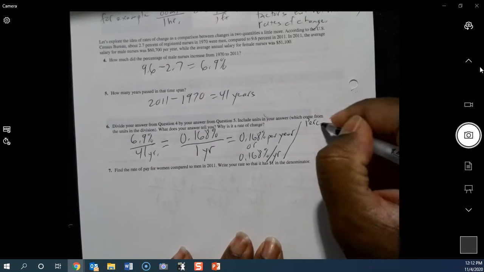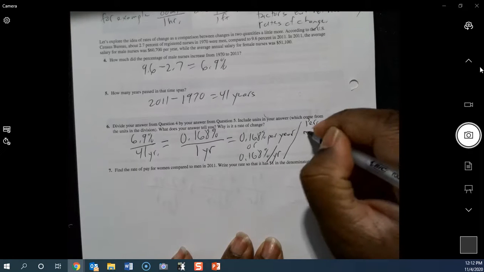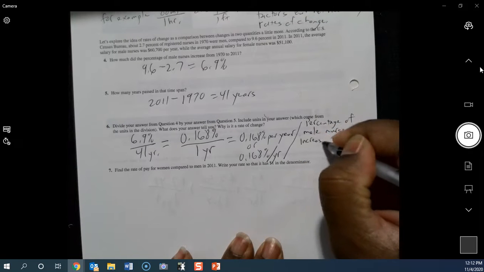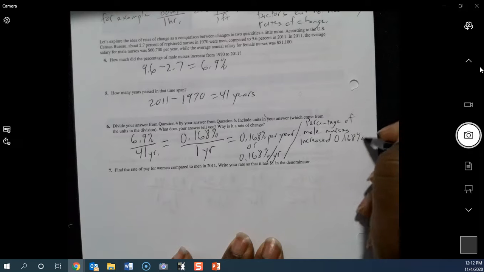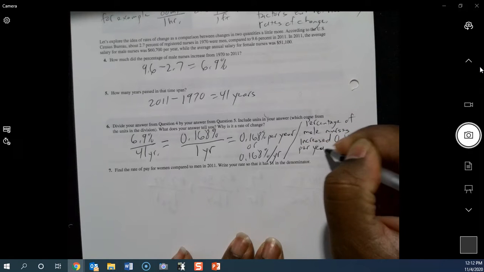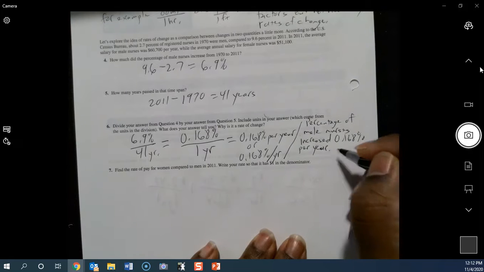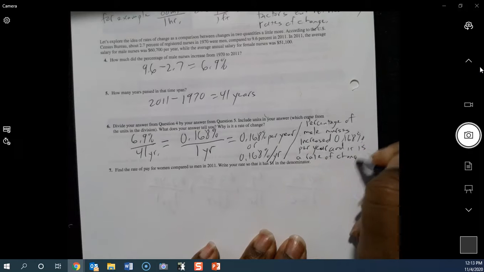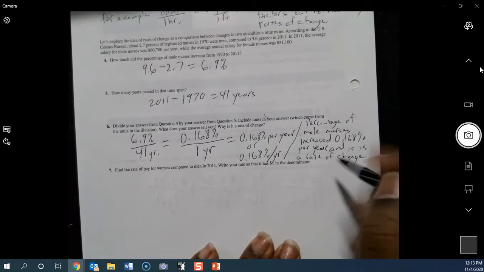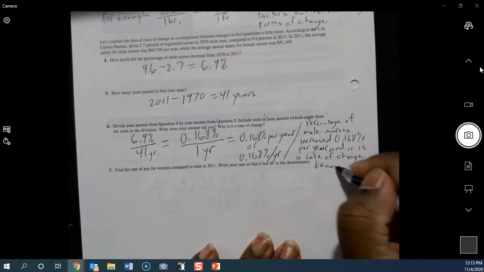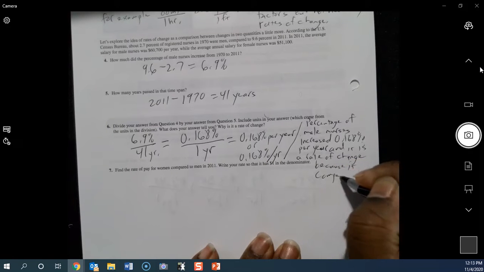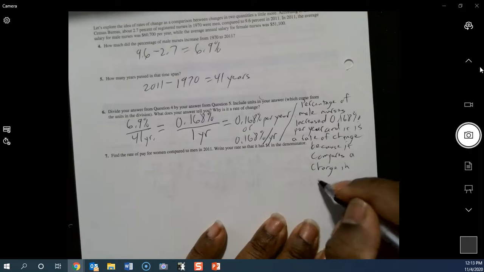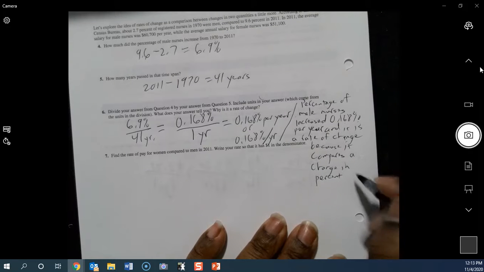So you could say the percentage of male nurses increased 0.168% per year, and it is a rate of change because it compares a change in percent to a change in time.